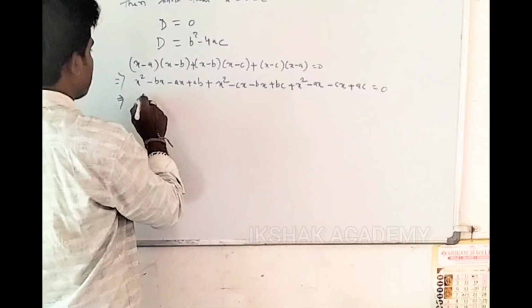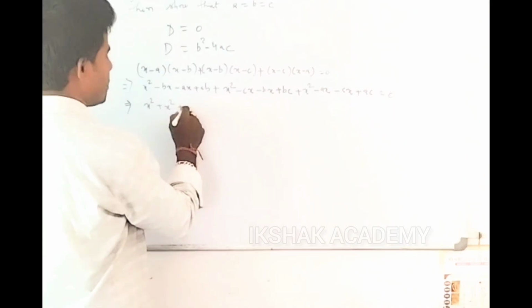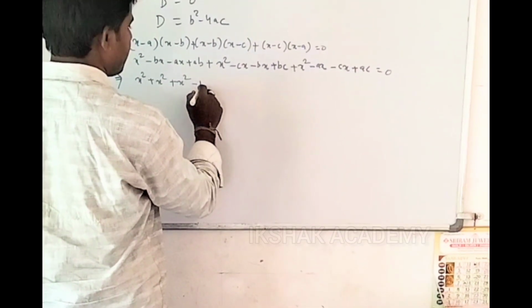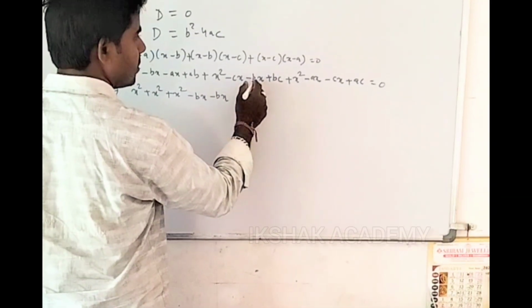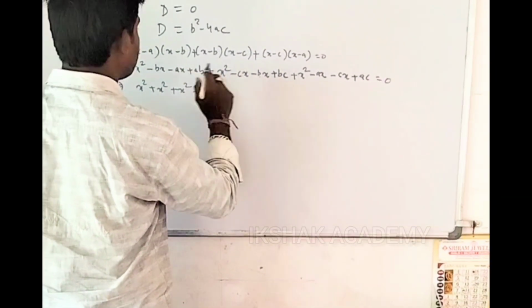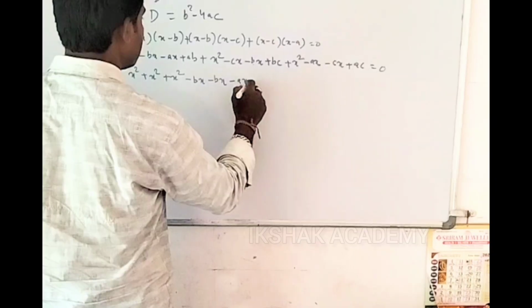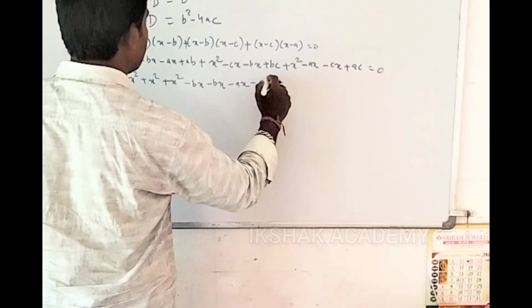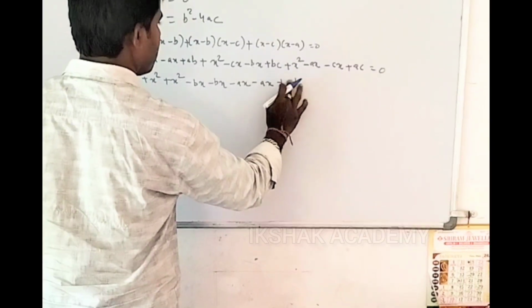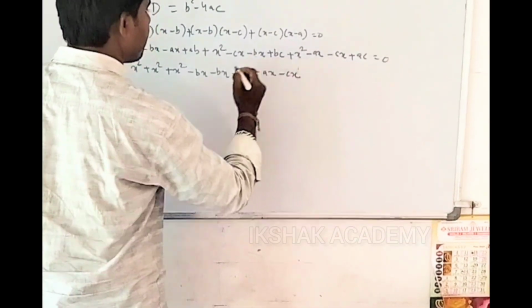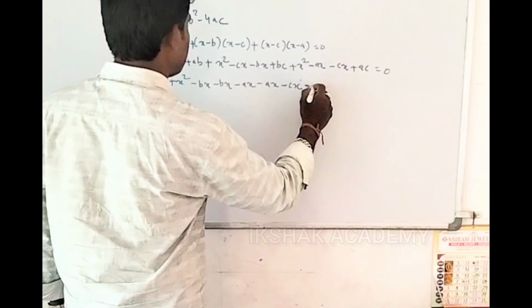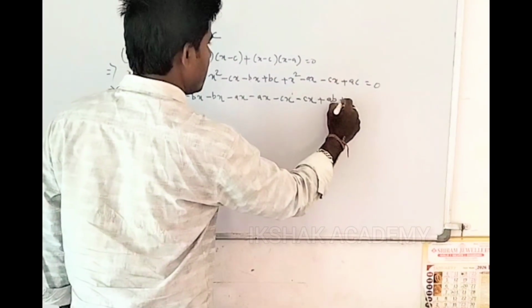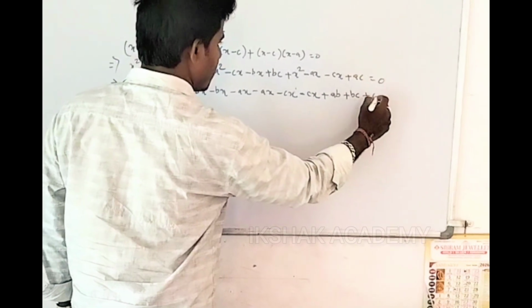So here x square plus x square plus x square, minus bx, then minus bx. Okay, then minus ax, here is minus ax, then plus ab, then minus cx, here is also minus cx, then plus ab, then plus bc, then plus ac, we can write it as ca.